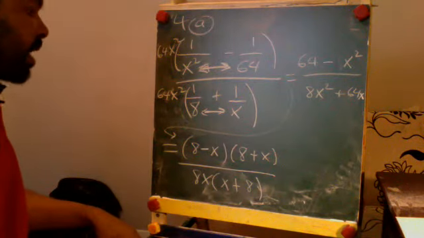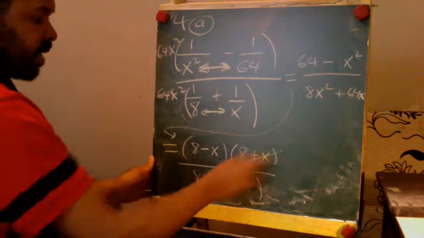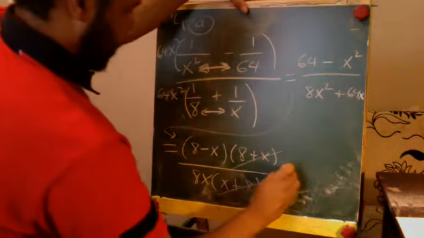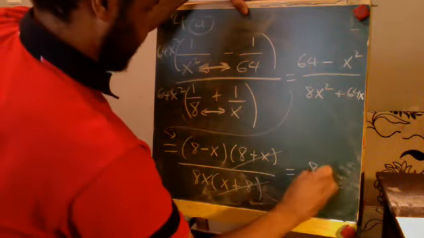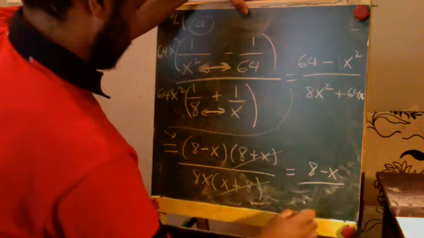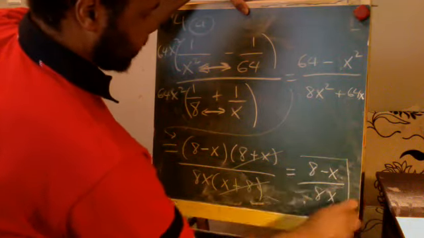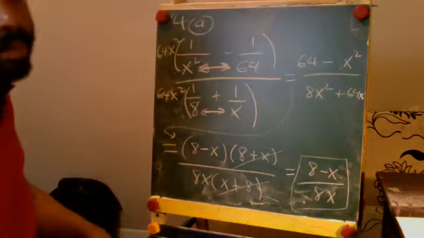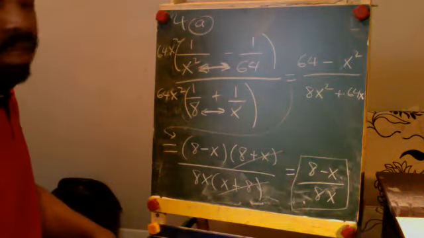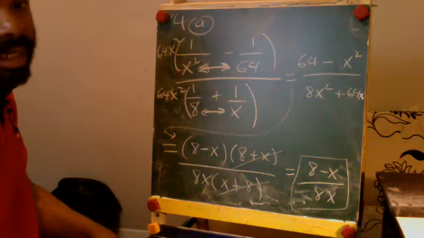But we know that x plus 8 is the same as 8 plus x, right? So that cancels out. And what I have here is 8 minus x over 8x. All right? Okay. So that's that.